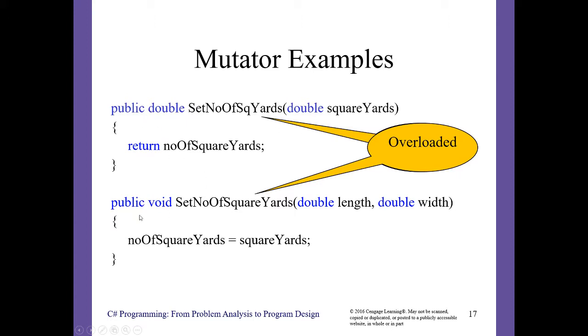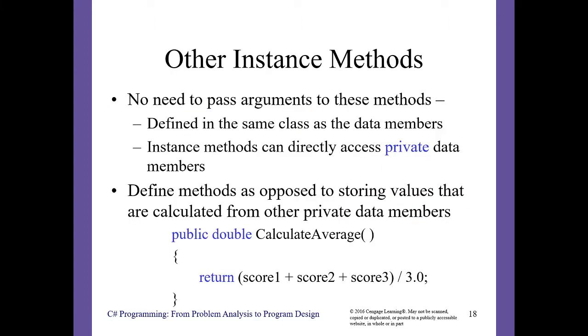Now, we also have an option where we could set the number of square yards by being passed in a length and a width. And in this case, we might do some sort of calculation to get that number of square yards. I just want you to really notice how I'm going to have the same name, but I'm going to have different parameters as overloaded examples of that same mutator or setter method.